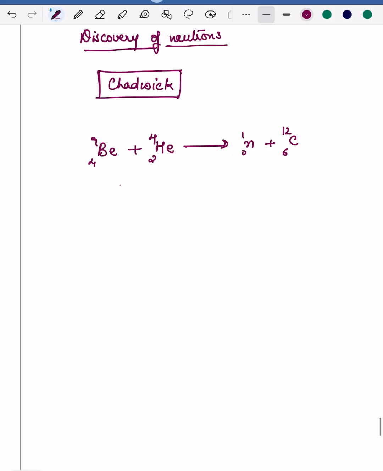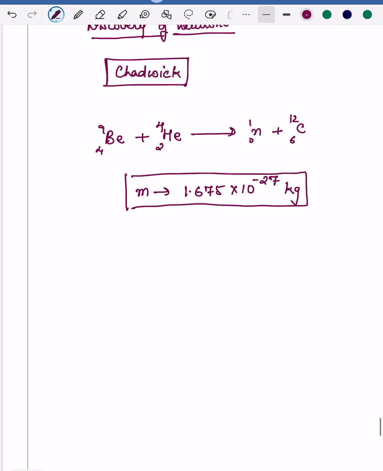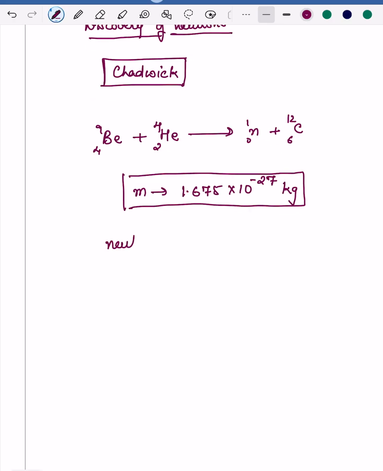Okay, and he found out that the mass of these neutrons was 1.675 into 10 to the power minus 27 kg. तो ये लगभग same है as the mass of the hydrogen atom. Okay, and there was no charge on these particles.